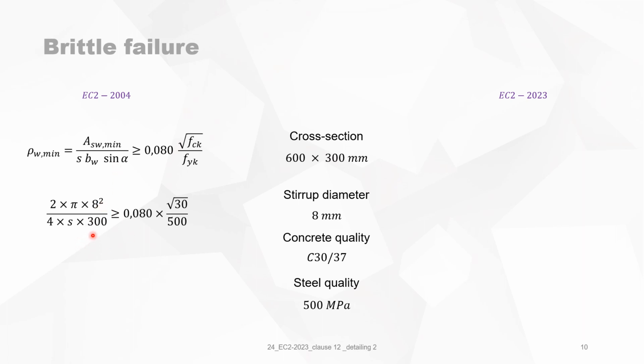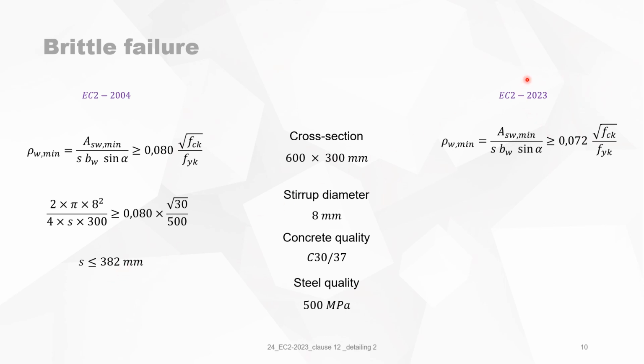The stirrups are vertical, so sin α is 1. And then we see that for s, the distance between the stirrups must be smaller than 380 millimeters. So a diameter 8, 2 legs at a distance 380 millimeters will fulfill the minimum shear reinforcement.